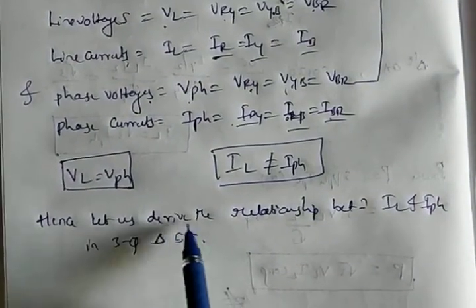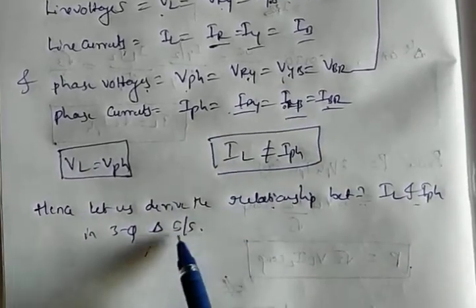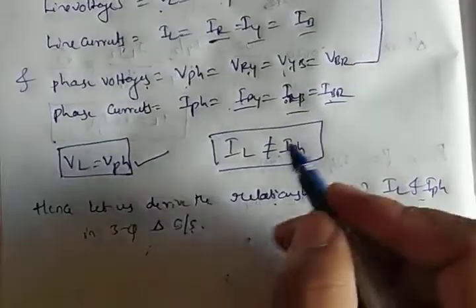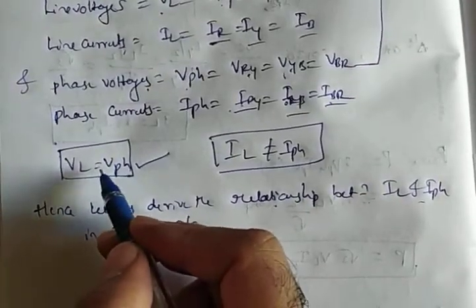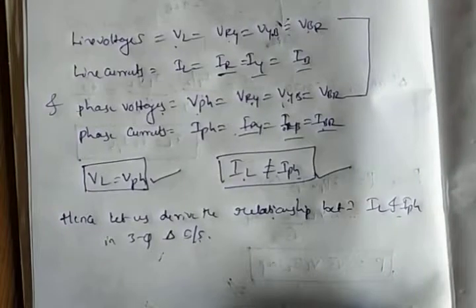Hence, let us derive the relationship between line current and phase current, because line voltage and phase voltage are equal, so no need to derive anything there. We only need to derive the relationship between IL and IPH.